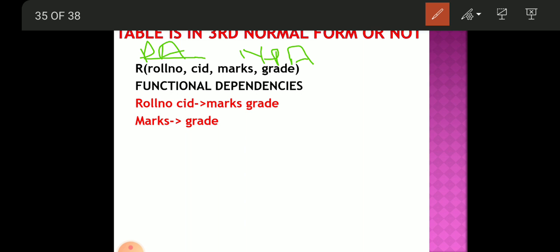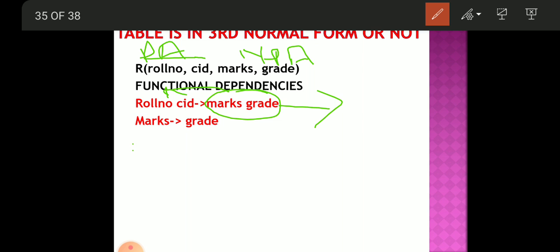Now we have to check for transitive dependency. See the first functional dependency: marks and grade are both non-prime attributes, but they are derived from roll number and CID, which are prime attributes, so there is no transitive dependency.